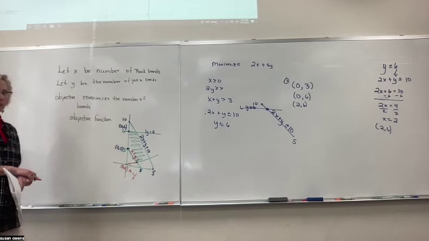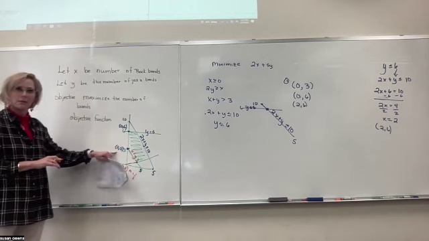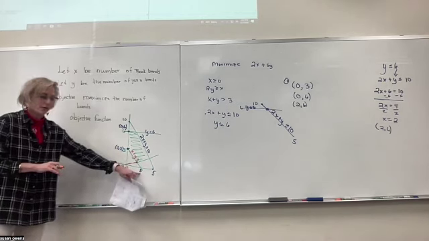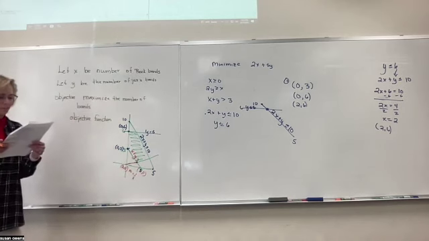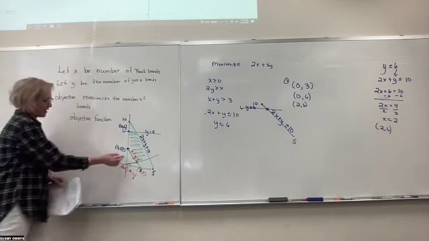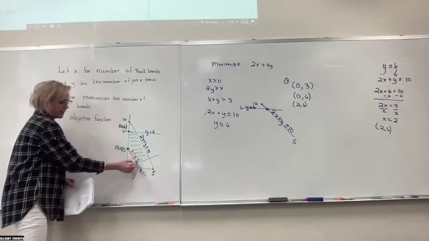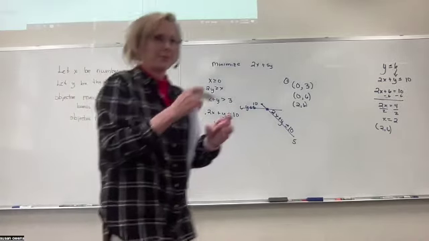Did you say that point was 3? This one, the bottom one. This one is 0, 3. Oh, I haven't found this point. I'm trying to find this point right here.